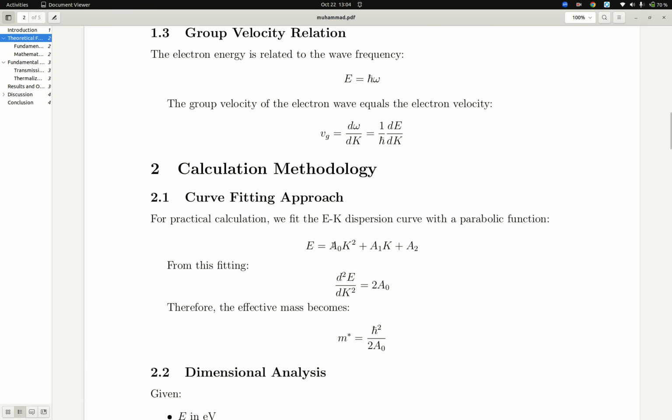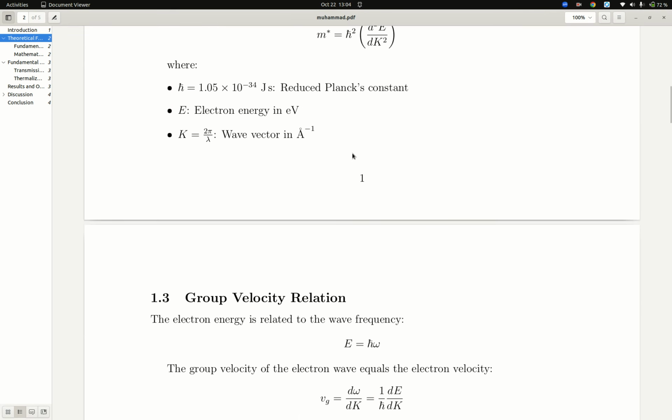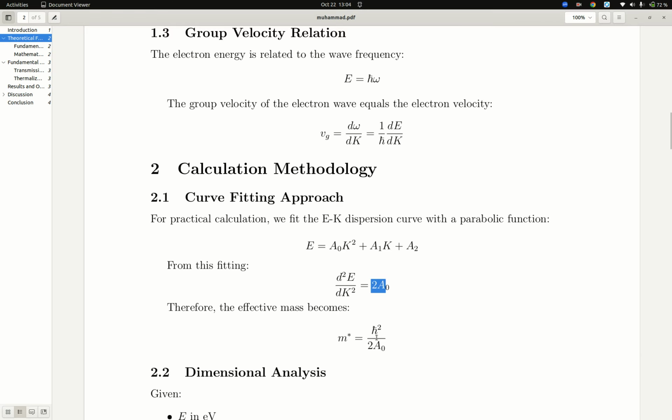The energy is a0 k square plus a1 k plus a2. If I take the second derivative of the energy, it reduces this equation to 2 a0, and our main equation becomes h bar square divided by 2 a0.